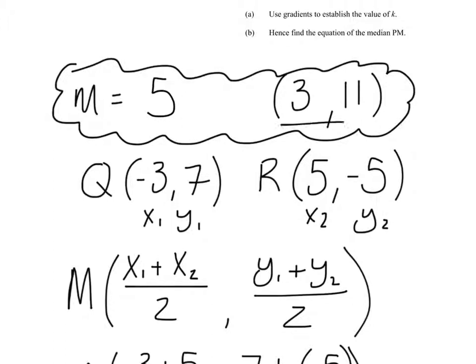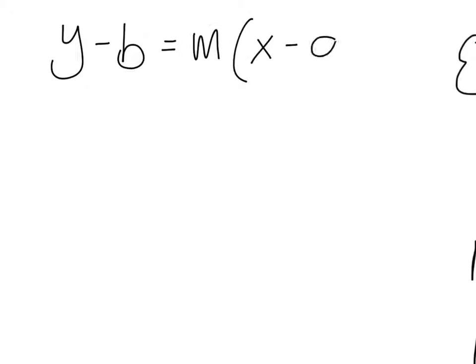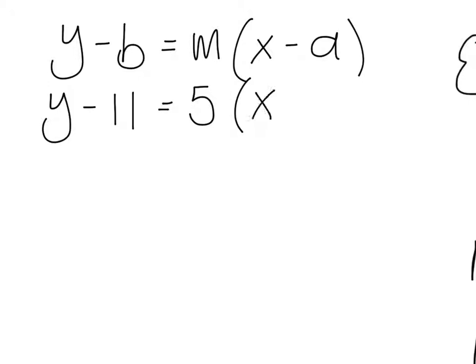We already had a point on the line, so we can use these facts with the equation of a straight line formula now to work out the equation of the median. So do that over here. y minus b equals m bracket x minus a. So that's y take away 11 equals the gradient m, which is 5, times x minus 3.